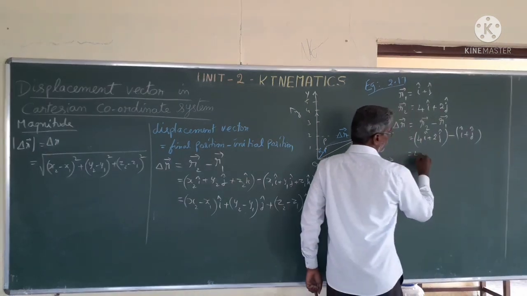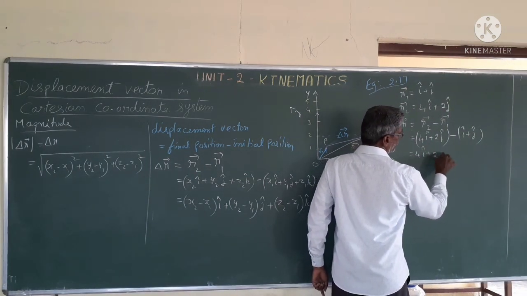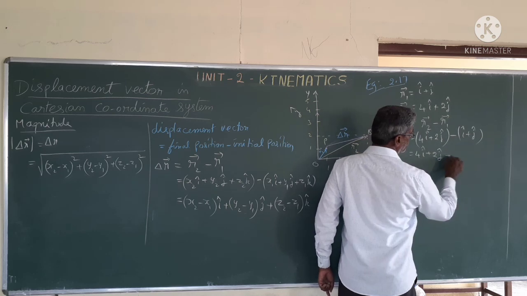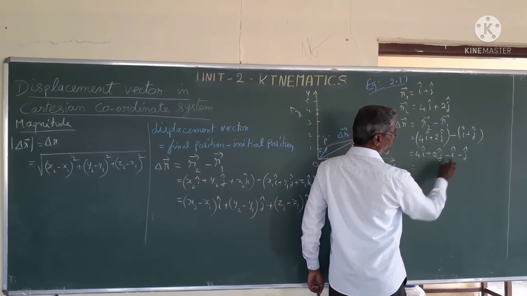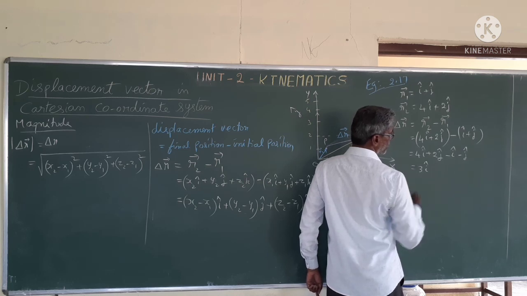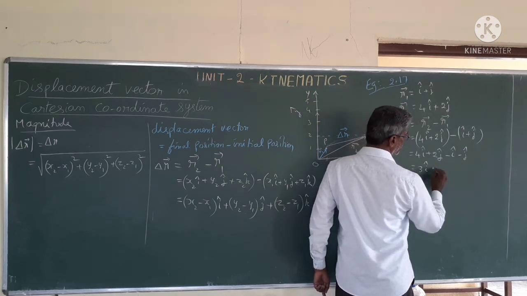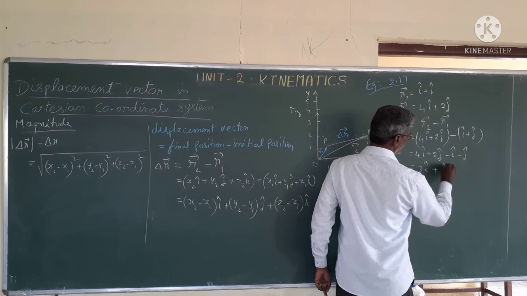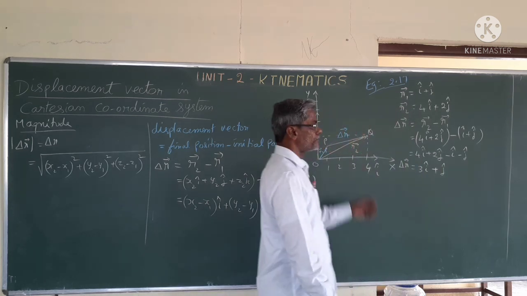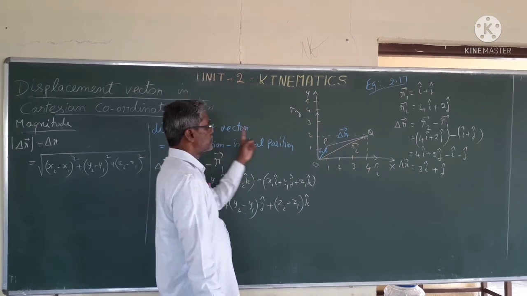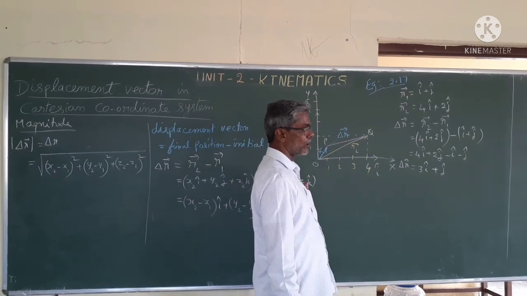So 4i plus 2j, remove the bracket, so minus i minus j. 4i minus i becomes 3i, 2j minus j becomes plus j. This will give the displacement vector, that is delta R vector.